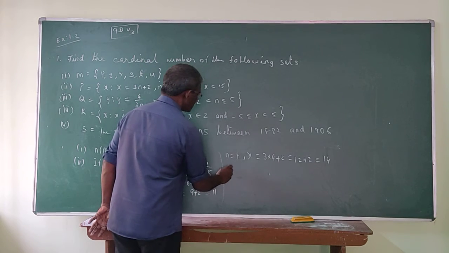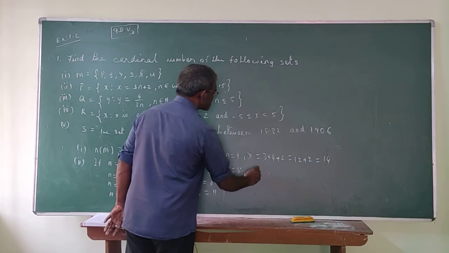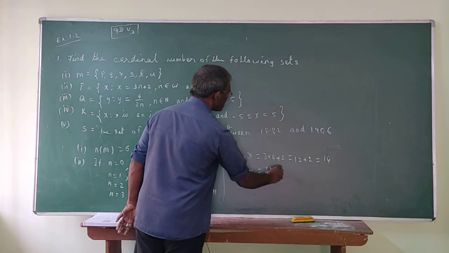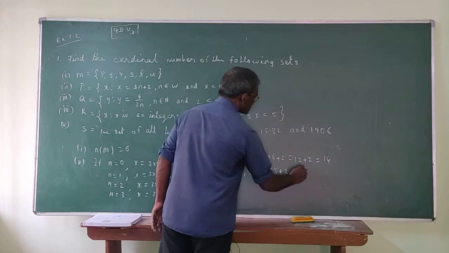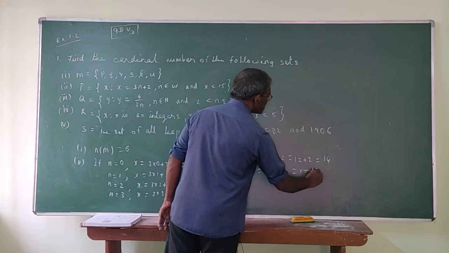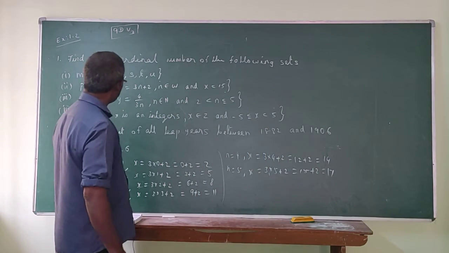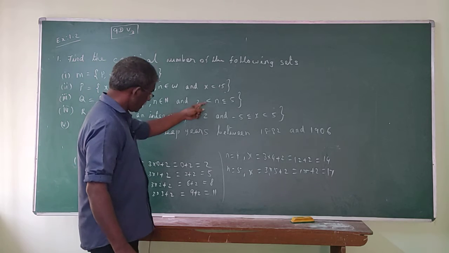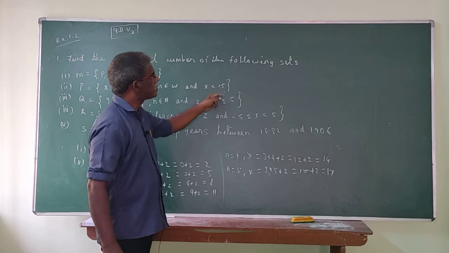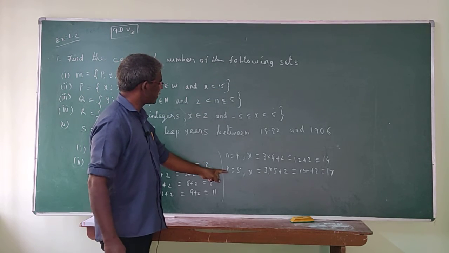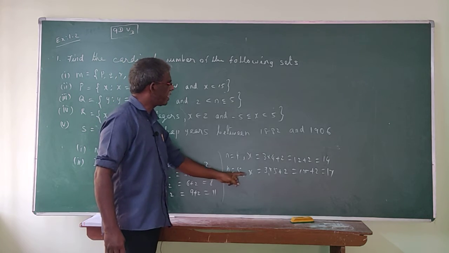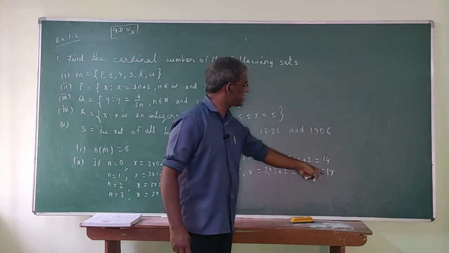Then n is equal to 5, then x is equal to 3 into 5 plus 2, which is 15 plus 2, equal to 17. Here x must be less than 15. So if you put n equal to 5, the value of x is greater than 15.